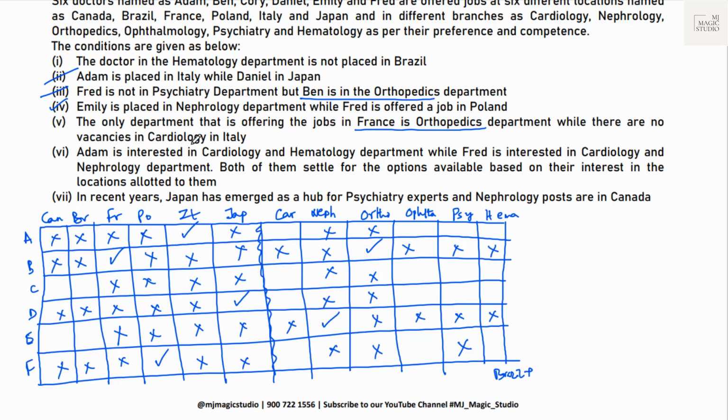While there are no vacancies in cardio in Italy, Adam is interested in cardio and hematology. But Adam is in Italy and he can't go to cardio. So that means Adam is going to hematology department. And obviously he is not going to Brazil.